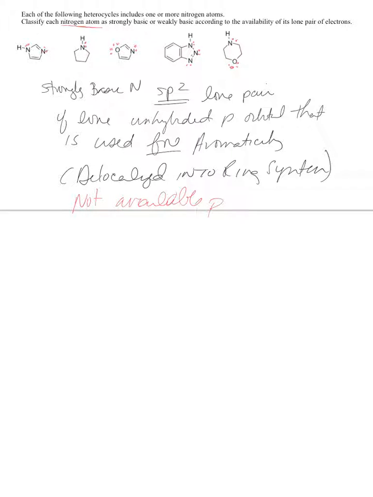And to be a base, it needs to take its lone pairs to another compound, deprotonate that, form that bond and take the hydrogen away. And electrons that are in the unhybridized p orbital are not going to leave the energetics of being delocalized into the ring system to go and get a hydrogen.